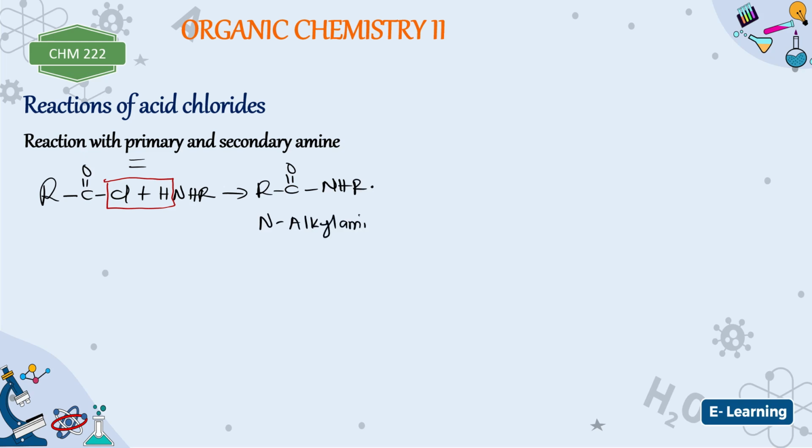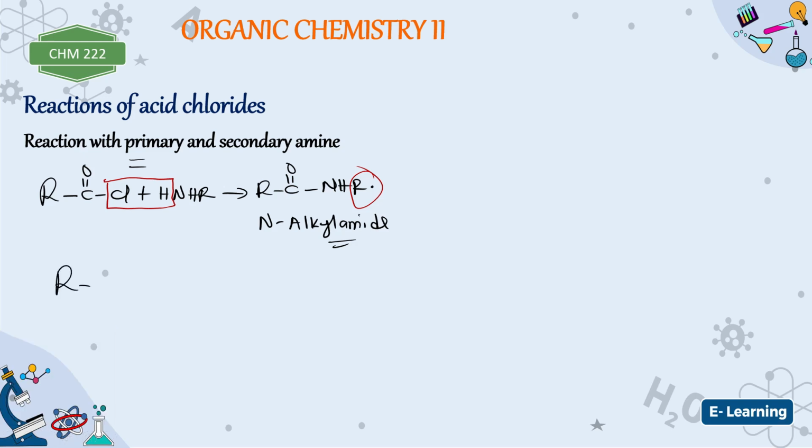N-alkylamide, to tell you that one of the hydrogens on the nitrogen in the amine is substituted with an alkyl group, which is this R group you can see here. Then a secondary amine has two R groups.